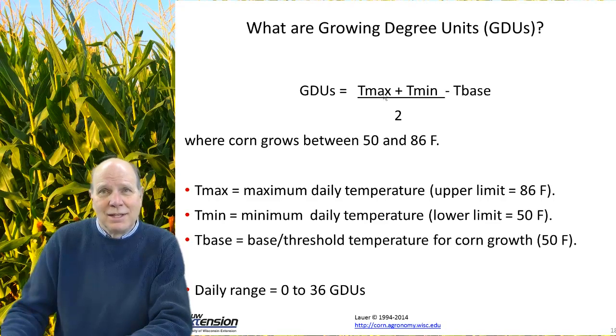Likewise, 86 plus 86 divided by 2 is 86, minus 50, and that gives you this 36 GDUs for the maximum that you can accumulate. If you're at 90, say, for a day, you would only use 86 as that upper limit in these calculations.